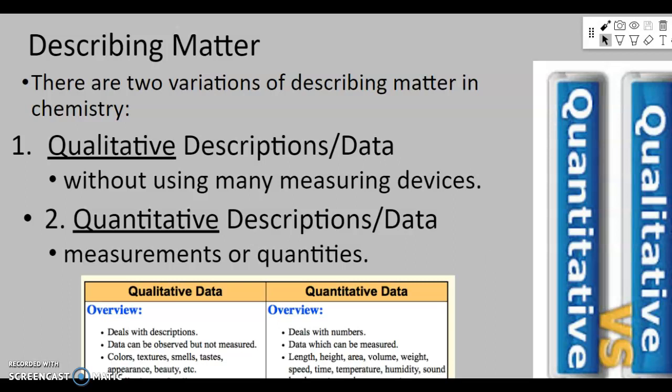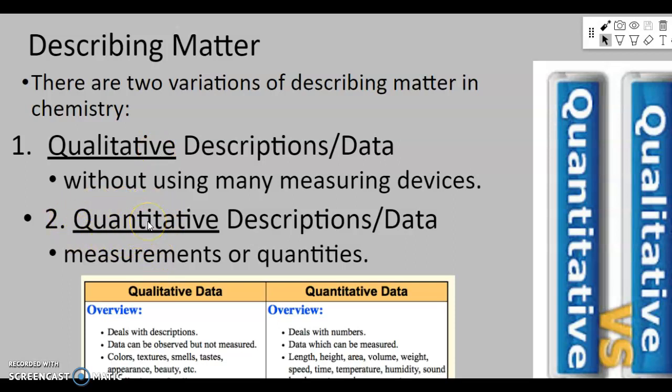So there's 2 types of data that we're going to be dealing with. One of them is qualitative, and the other is quantitative. Qualitative and quantitative contrast each other because qualitative does not have any measurements. Quantitative, on the other hand, you can think of the word quantity.